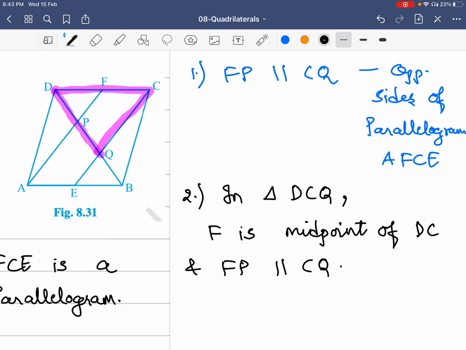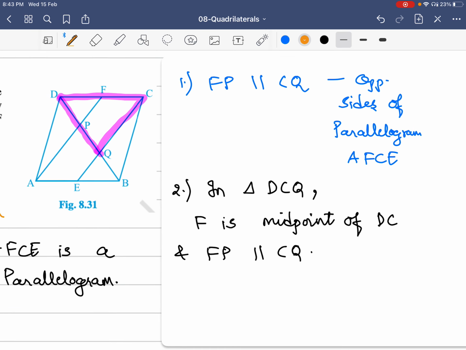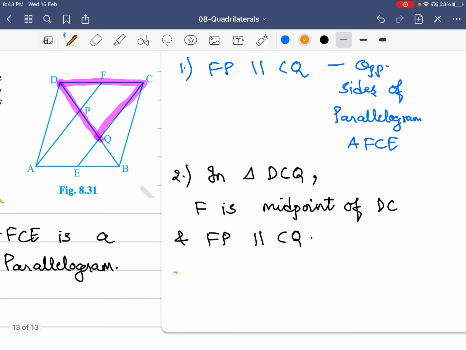Thus, by the converse of the midpoint theorem, what can we say? What is the converse of the midpoint theorem?